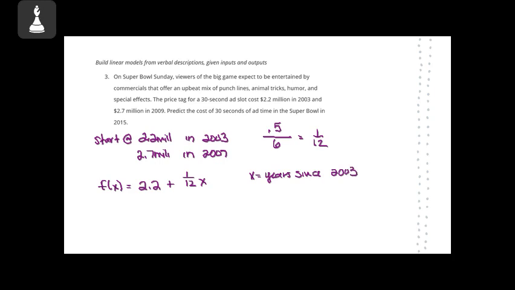That's important because we want to find the 30-second ad cost in 2015. So 2003 to 2015 is a difference of 12 years. So if we now plug in 12, 2.2 plus 1/12 times 12, that's going to give me 2.2 plus 1, or 3.2 million in 2015.